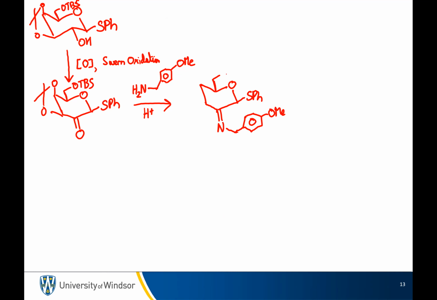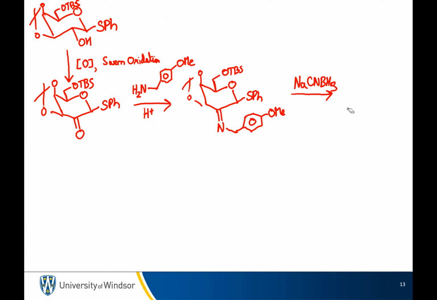Why does this help? Why does this get us anywhere? What does this mean? Well, from here, what I can do is reduce. I can use a very weak reducing agent, sodium cyanoborohydride.